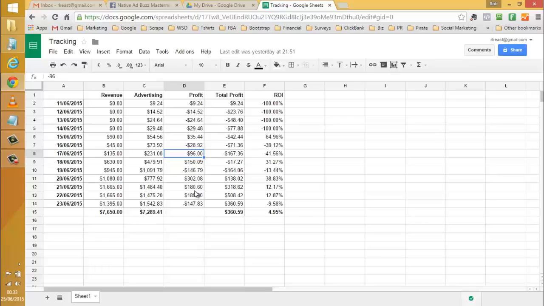I'd left unlimited spend on those ads, and they ran away with $500 on one and $700 on the other for no profit and a massive loss. They made a couple of sales, but that's just because the ad was seen so many times, but they were awful. So this figure here would be over 1,000, which would bring that figure up a bit.